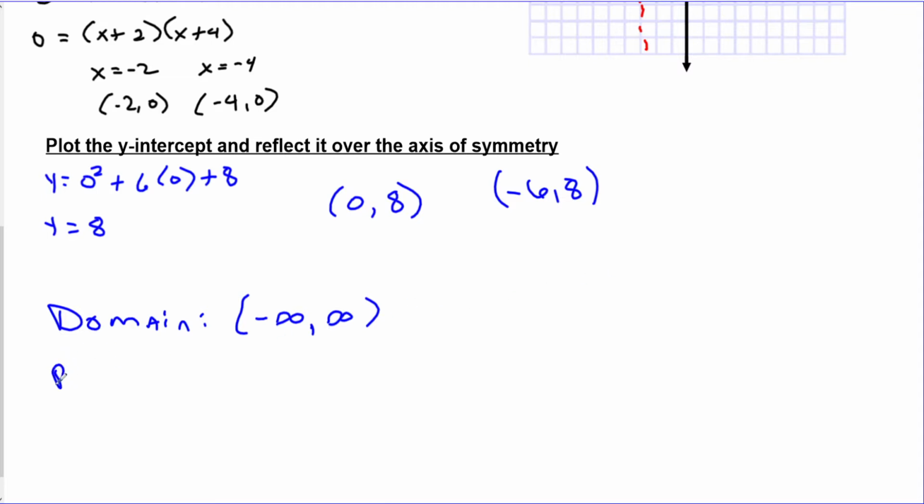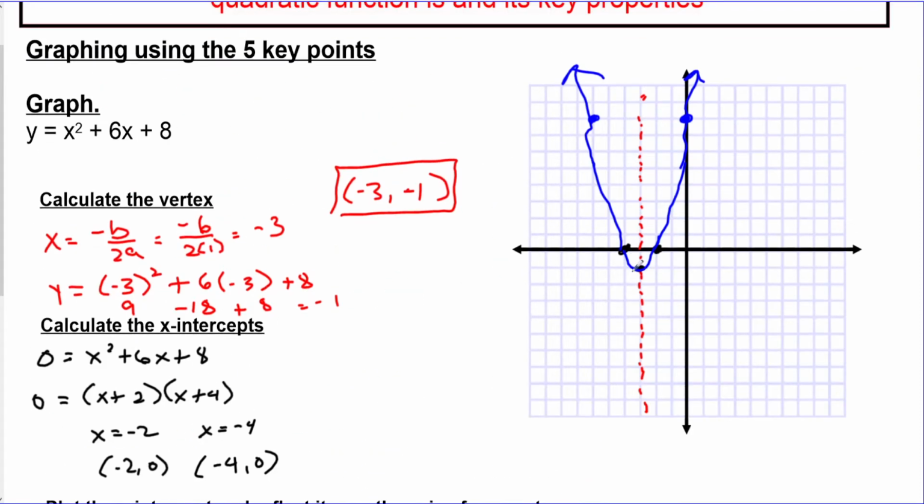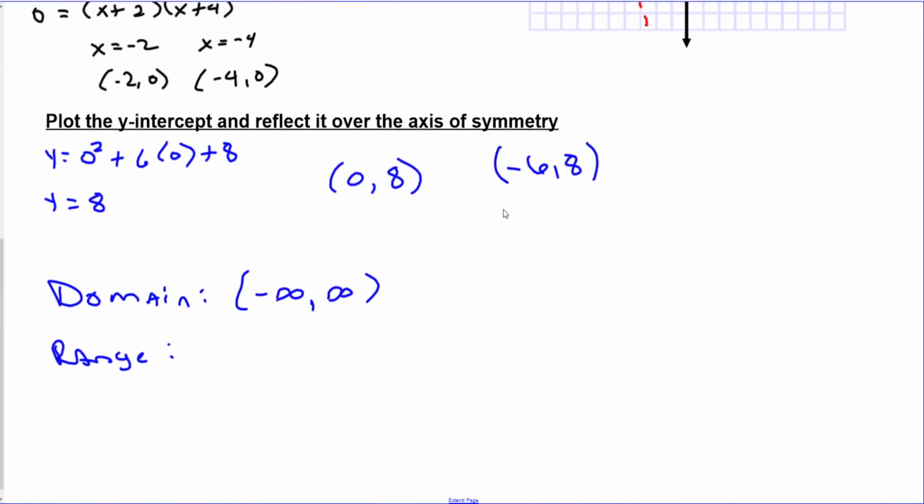So we're going to say the range, okay, is going to be, if I take a look at this graph, it looks like it goes as low as -1 and everything above that, right? So the way that I'm going to write that is it's starting at -1 with a square bracket, okay, and then it's going up forever to infinity, which remember always has a round bracket.